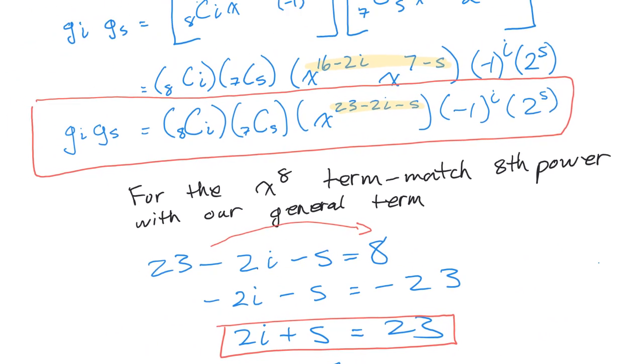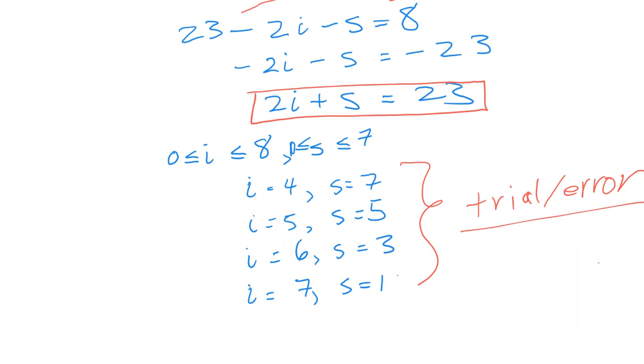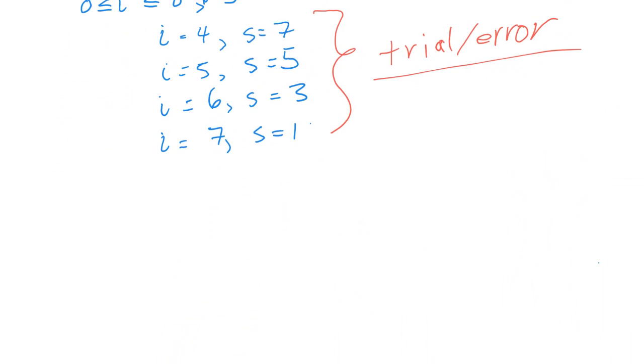When we multiplied everything, we got this craziness up here. C_s x to the whatever, negative 1 to the i, 2 to the s. And so now we're going to take our time and literally find the following.